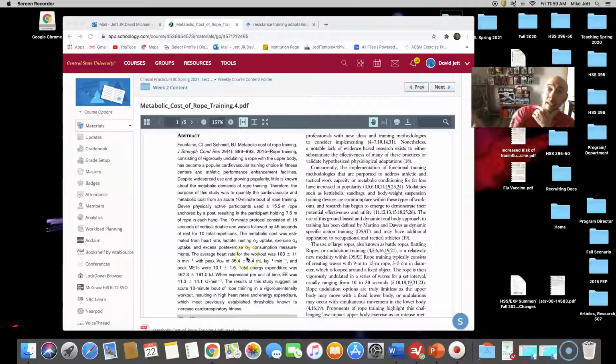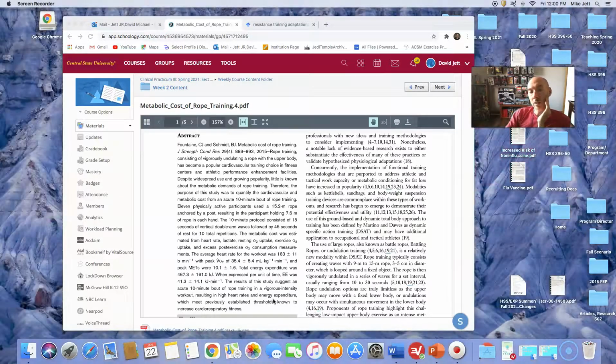So let's say that you found this article, you were interested in battle ropes. When you read the abstract, you think, okay, this is the article I'm going to read, so I'm going to proceed with it, okay? However, if you were looking for something else, let's just say that you were looking for how does battle rope training affect lactic acid levels in the body?